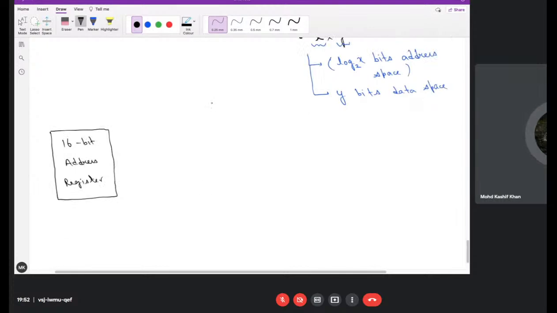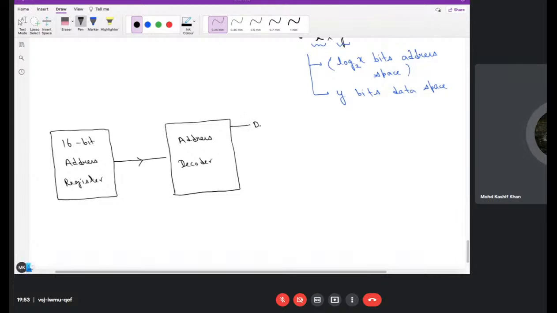Now what happened? This 16-bit address will be given to the address decoder, and we have seen the decoder functionalities. The input is of 16 bits, so output will be 2 to the power 16 signals, right? And it will enable one of those.